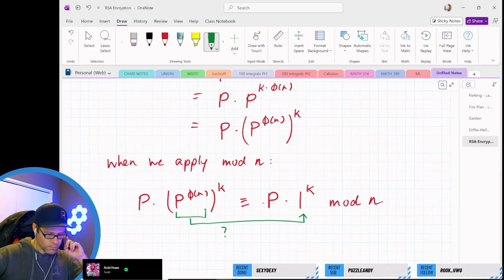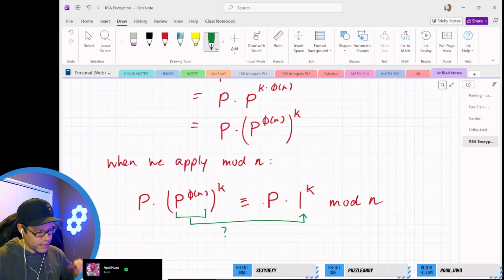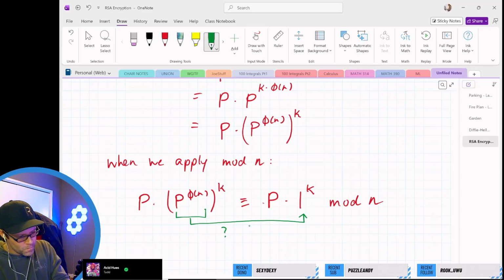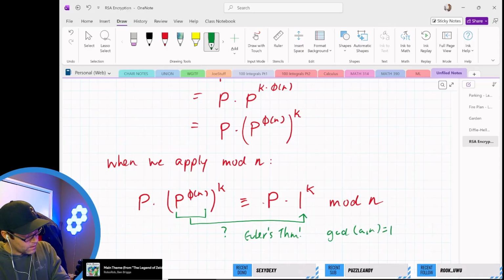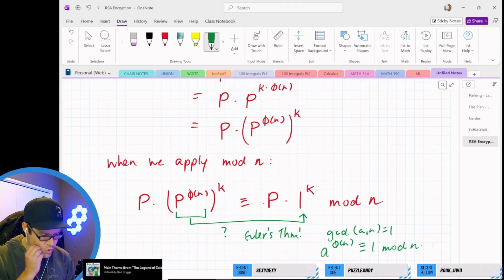Mod n. Well, we saw this really lovely theorem in our modular arithmetic section called Euler's theorem. And Euler's theorem says, if n and a are coprime, then a to the phi of n is congruent to 1 mod n. So we're using that kind of tricky piece here.